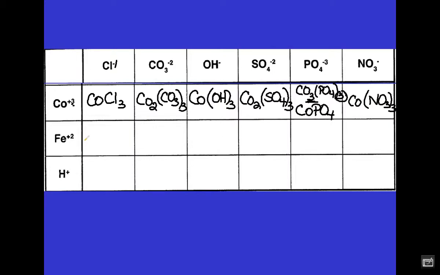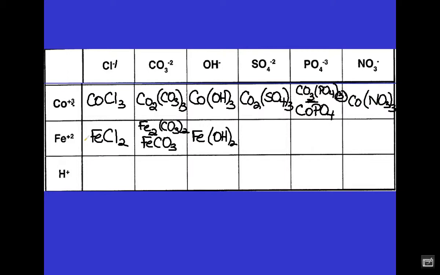Okay, looking at my iron, my Fe. Okay, 1 iron and 2 chlorines. Next one over is very similar to my cobalt with my PO4. When I crisscross, I get my Fe with a 2, and I get 2 of my CO3's. I can simplify down to just FeCO3. 1 iron, 2 hydroxides.